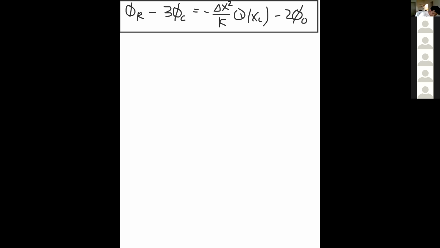And so this right here is the finite volume equation for 1D diffusion for a Dirichlet boundary condition on the left. It's a little bit long.